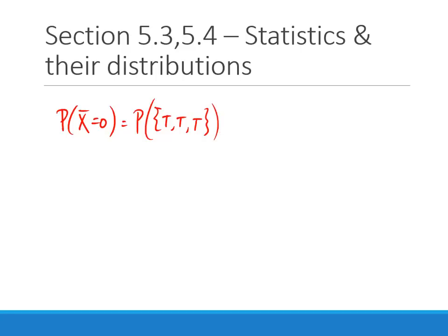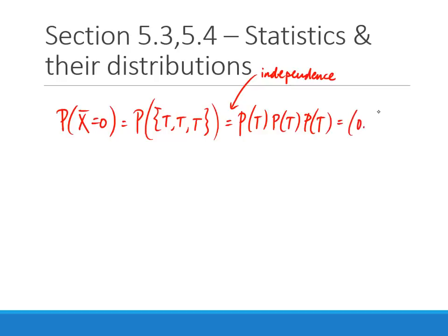And these coin tosses are independent, right? So I can just multiply individual probabilities together. This is by independence. And then what's the probability of getting a tail on any particular coin toss? 0.4, thank you.